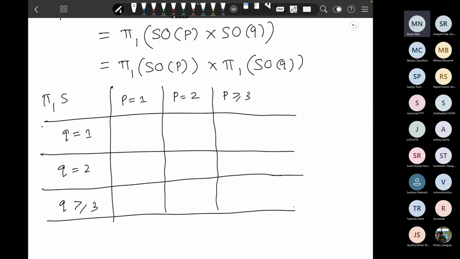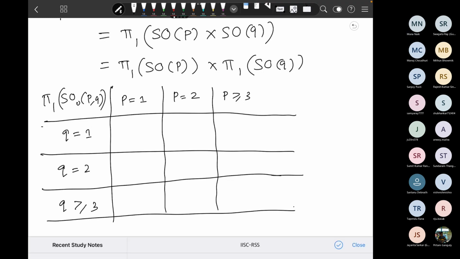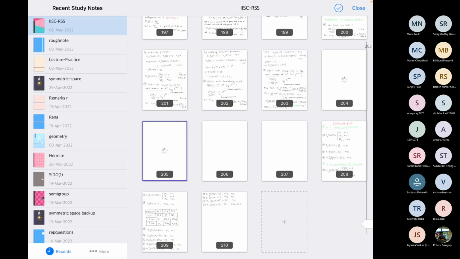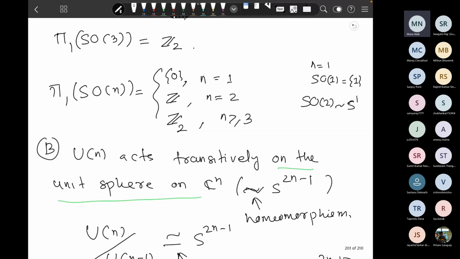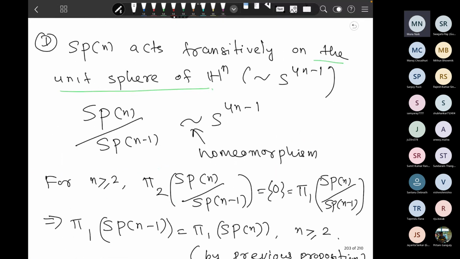So what is pi 1 of SN? Look at this: pi 1 of SN is equal to 0 if n is equal to 1, Z if n is equal to 2, and Z2 if n is greater than or equal to 3. So you will use that.